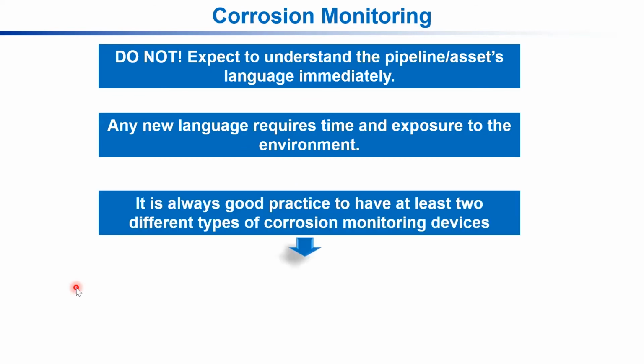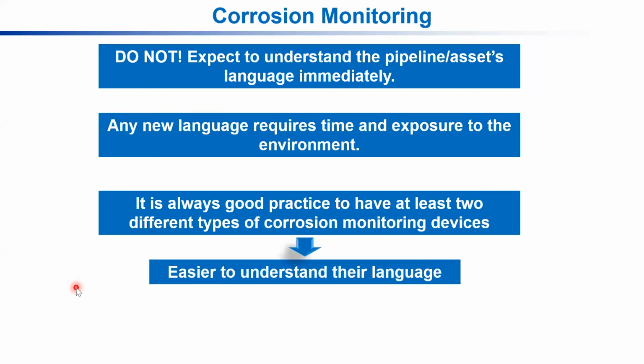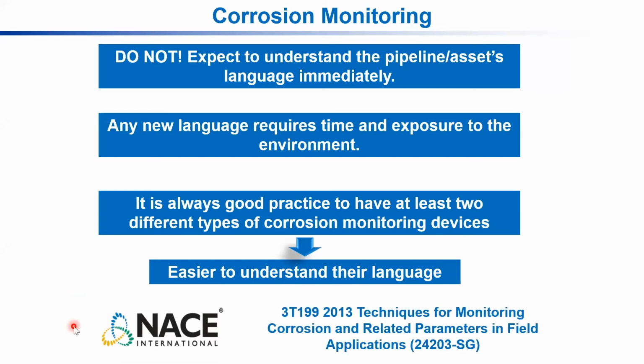One of the things that makes it sometimes a little easier, and this is something that is widely recommended within the NACE community, is that you have to at least have 2 different types of corrosion monitoring devices. It will make your life easier, okay? So easier to understand that language. And once again, giving a little propaganda to NACE, because NACE came up with a beautiful document.